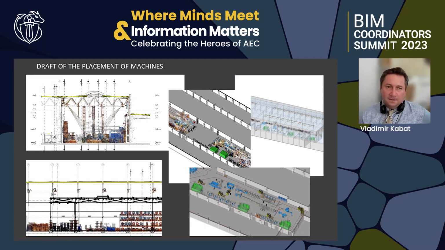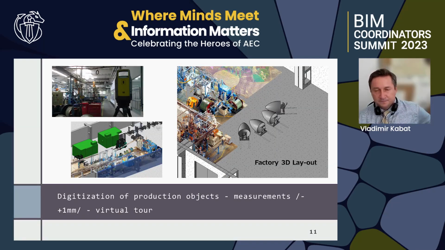You can see a draft of the placement of machines. The customers liked to see the machines in the factory, because it's made in a very precise model, and you can do the virtual tour.